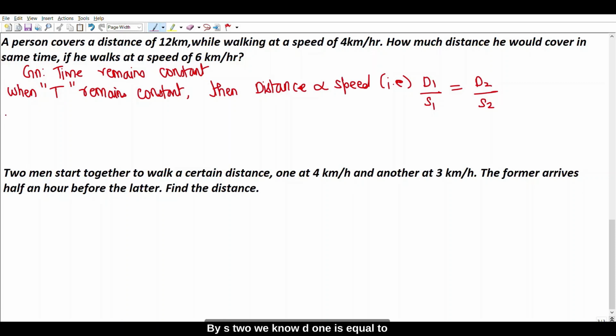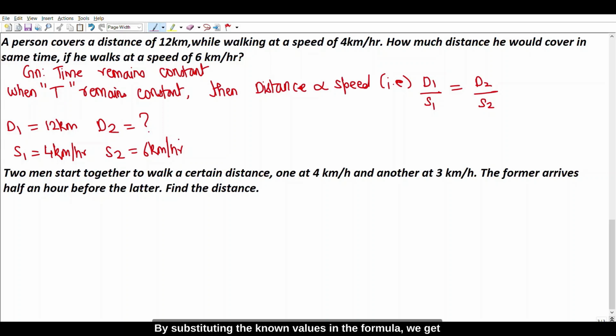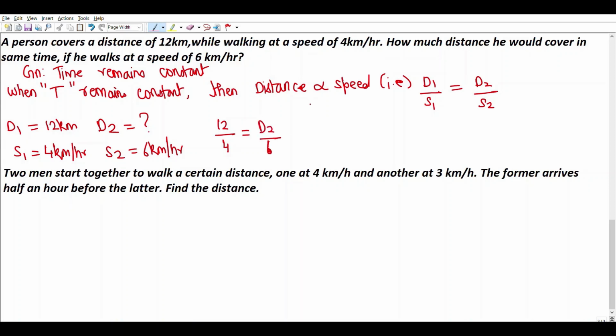We know d1 is equal to 12 km, d2 is what we have to find, and S1 is equal to 4 km per hour. S2 is equal to 6 km per hour. By substituting the known values in the formula, we get 12 by 4 is equal to d2 by 6, which implies d2 is equal to 12 into 6 by 4, which is equal to 18 kilometers.